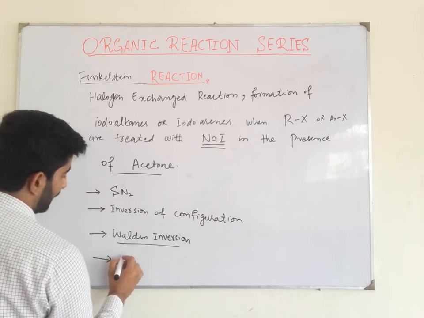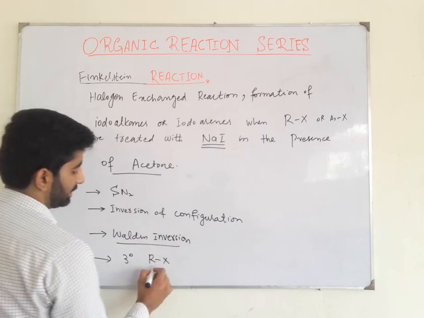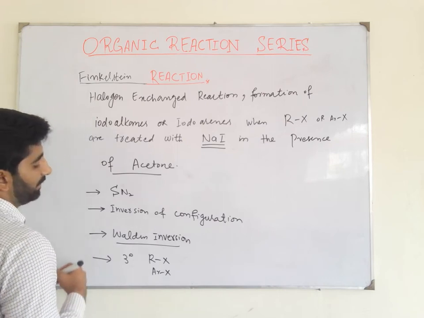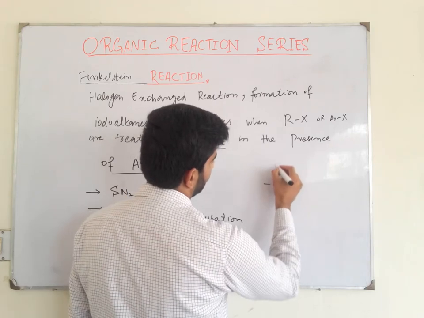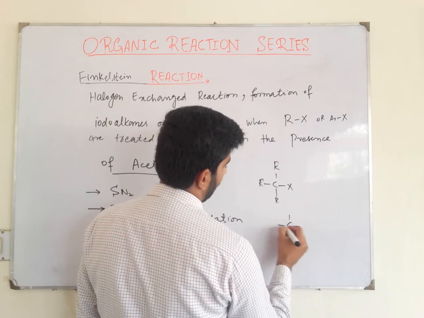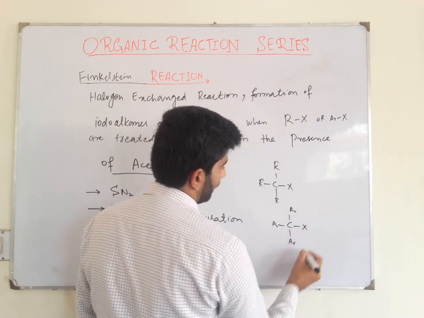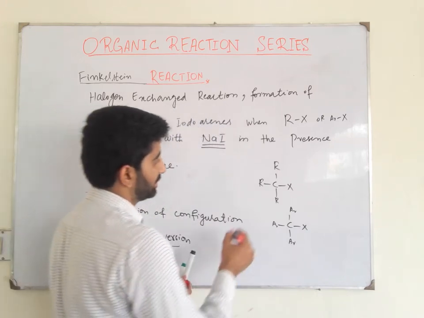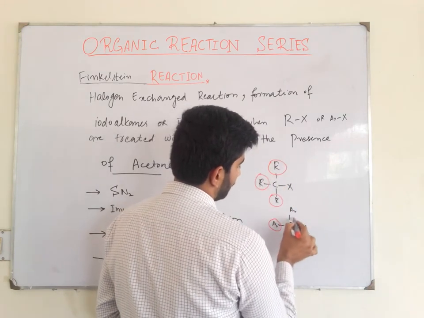3-degree alkyl halides and 3-degree aryl halides do not give a good yield in the Finkelstein reaction due to the steric repulsion between the bulky alkyl and bulky aryl groups.